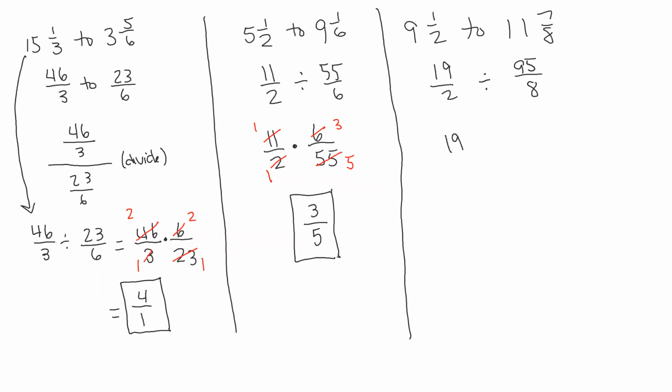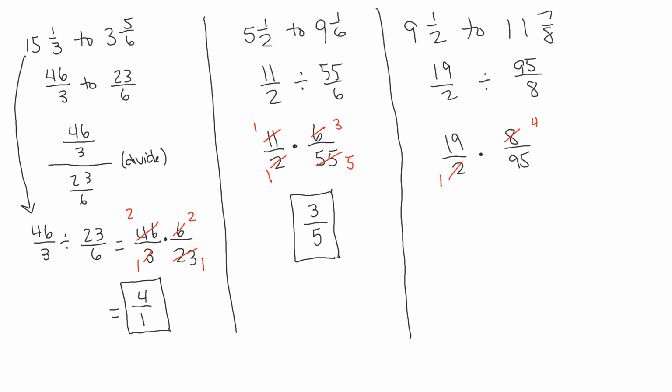First fraction stays the same, and then you multiply by the reciprocal of the second fraction. So let's see here, 95 divided by 19. First of all, we want to reduce common factors. 2 and 8 are the obvious ones. They have a 2 in common. So 2 into 2 is 1. 2 into 8 is 4.